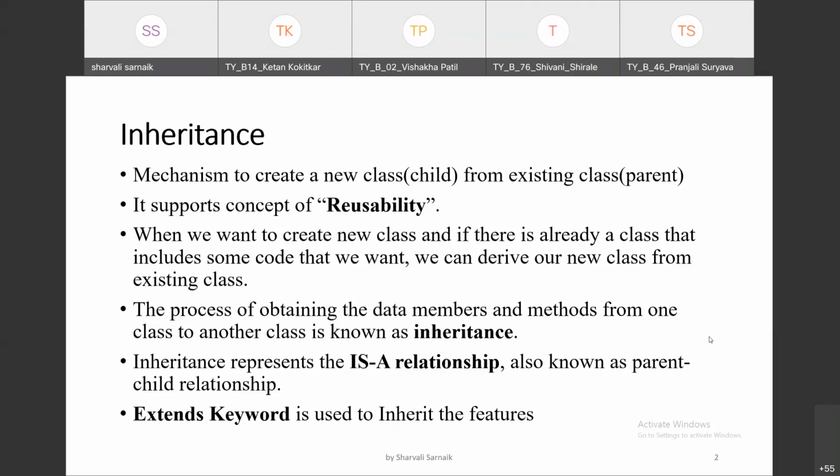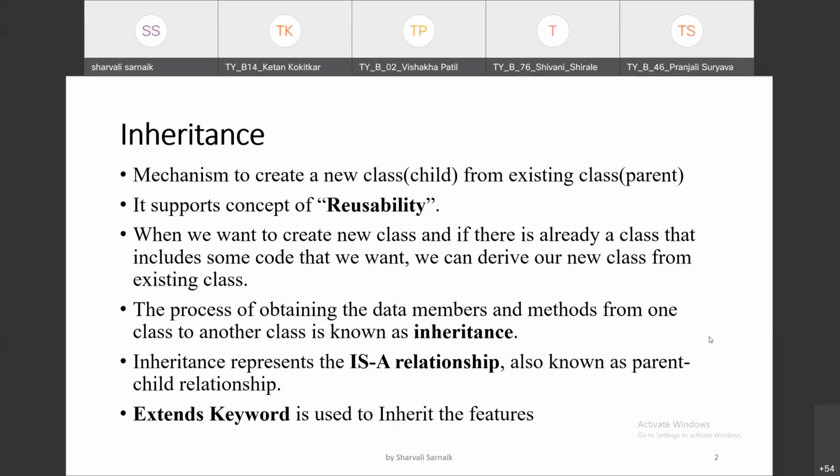This means some properties of the new class or child class come from an existing class or parent class. We are inheriting some properties from the base class to a derived class. Base class means my existing class, or parent class, and my new class we call a child class or derived class.